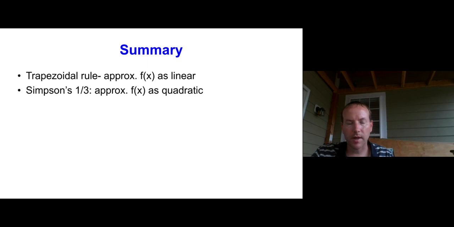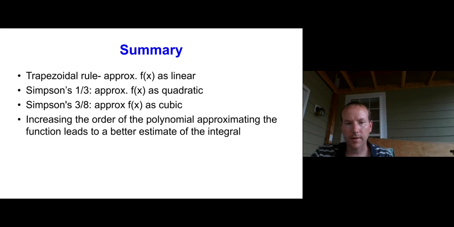So to summarize what we talked about, the trapezoidal rule approximates our function as linear, Simpson's 1/3 rule as a quadratic, Simpson's 3/8 as a cubic, and there are really 2 different ways of approximating an integral if you want to get better and better results.